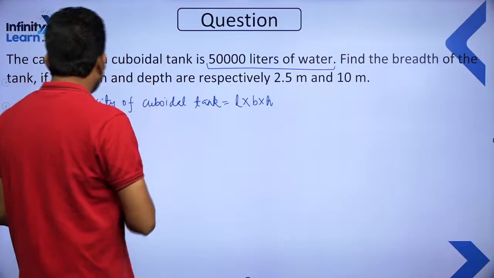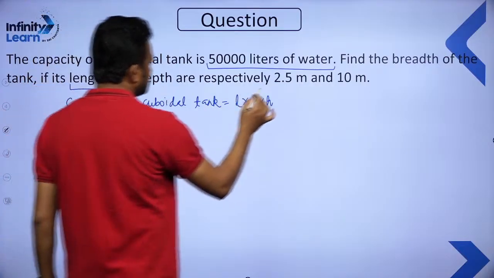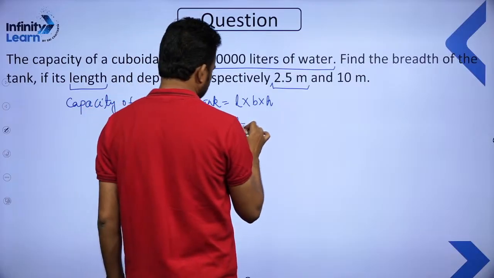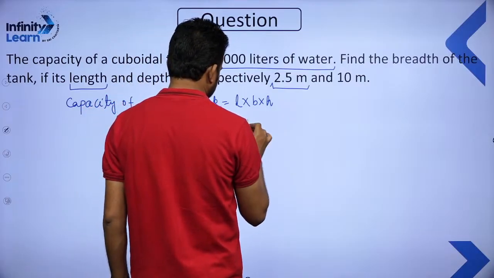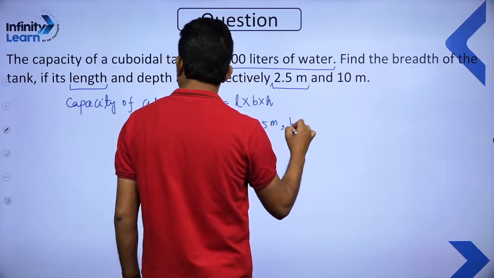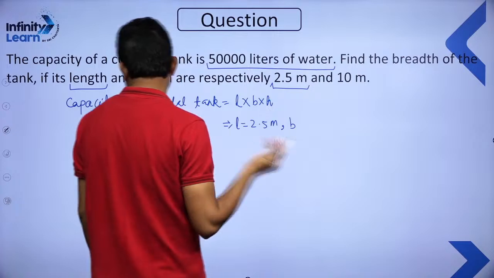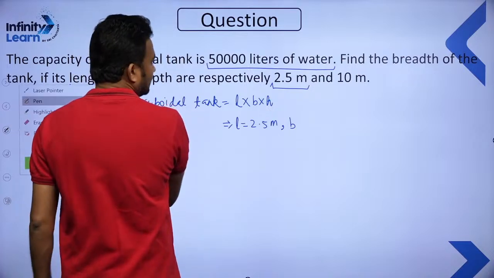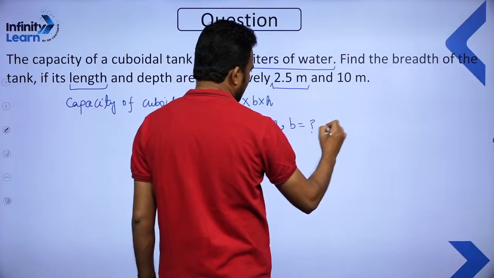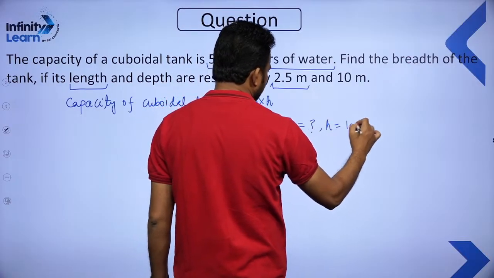Length is 2.5 meter. Depth is height, right? We have to find the breadth B, and depth is basically the height, which is 10 meter.